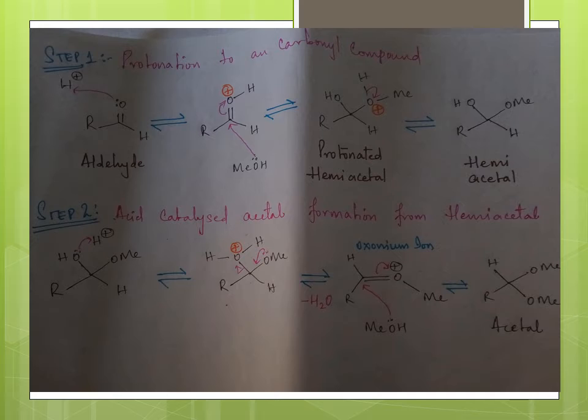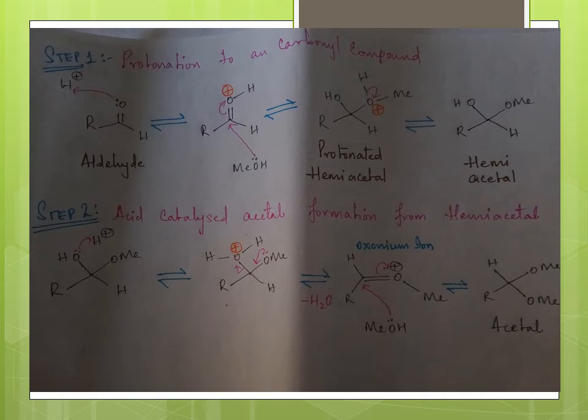You are taking the hemiacetal from the first step, and again you are doing the protonation. The oxygen of the OH group present in the hemiacetal will abstract the proton. After the protonation you will get the oxonium ion, where the oxygen gains the positive charge.